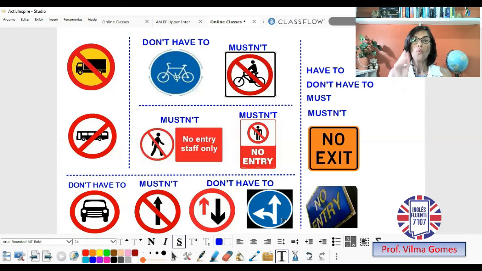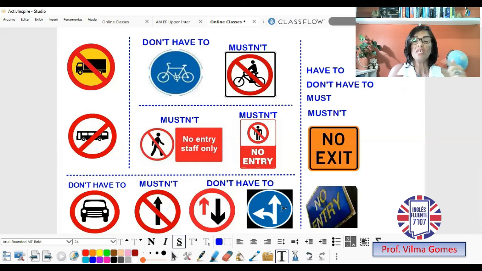No, you can't carry on. You can't go straight ahead. No, I can go straight ahead or I can turn left. So I put here, I don't have to, because don't have to is absence of obligation. I don't have to turn left in the same way that I don't have to go straight ahead. It's up to me, right? I have the decision. Eu decido.